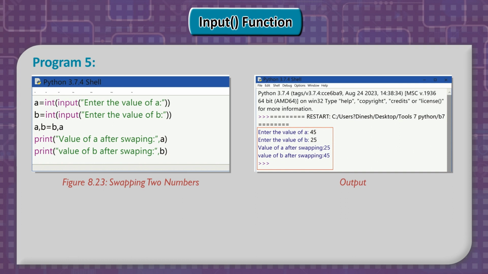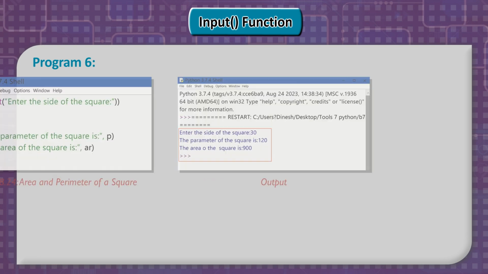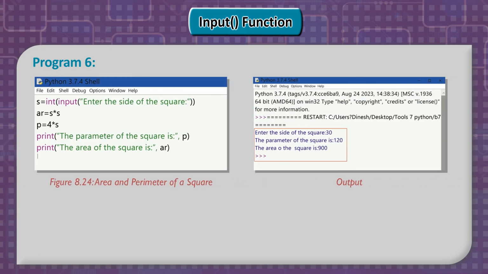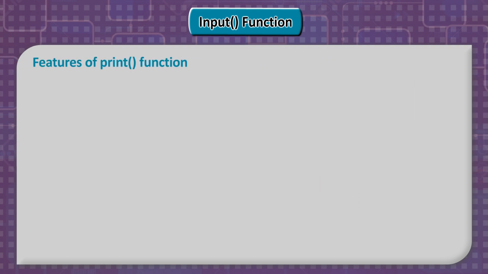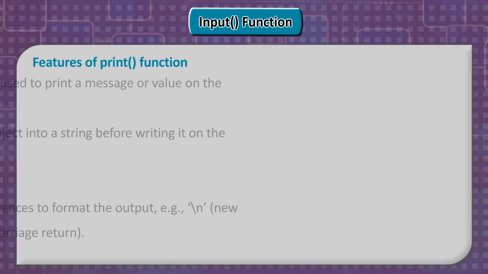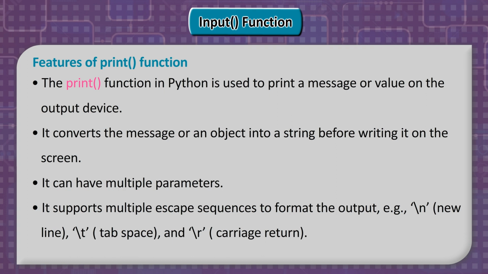Program 5. Figure 8.23. Swapping two numbers. Output. Program 6. Figure 8.24. Area and perimeter of a square. Output. Features of print function. The print function in Python is used to print a message or value on the output device.